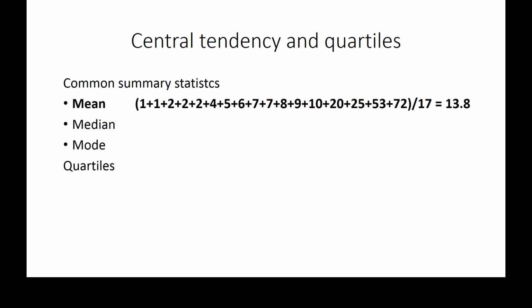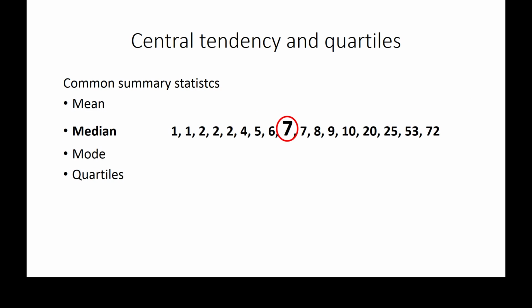Now, if we do not like that our measure of central tendency is so far from the center of the data, we can use the median instead. The median is the observation that divides the data in two. Then we're ensured that at least our measure of central tendency is going to be in the center of the data. To find it, we order the variables and pick the middle one. It's very simple.